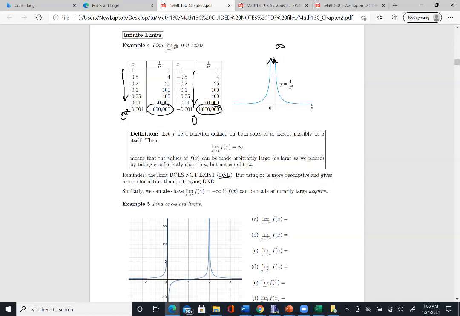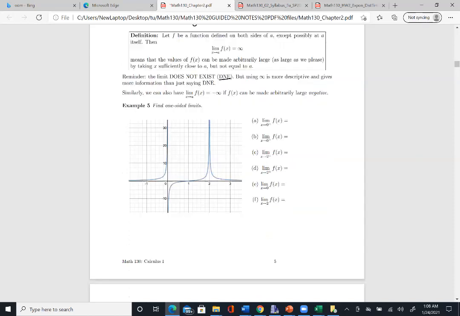So take a look at one-sided limits in example 5 here. If we are looking at x going to 0 from the left hand side, right, the left hand side over here, you see that it keeps going up to positive infinity, right?